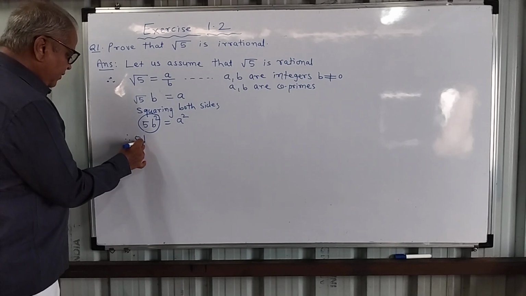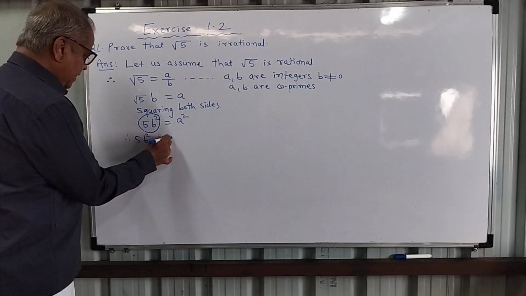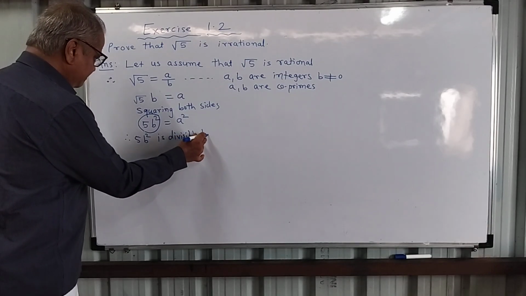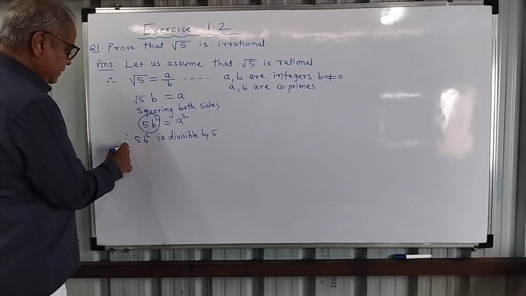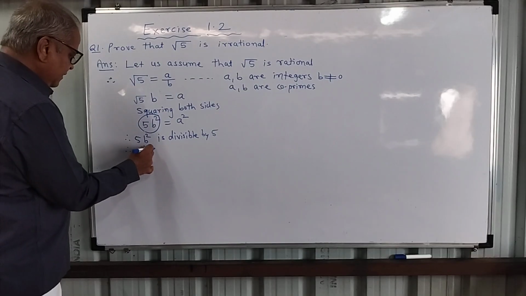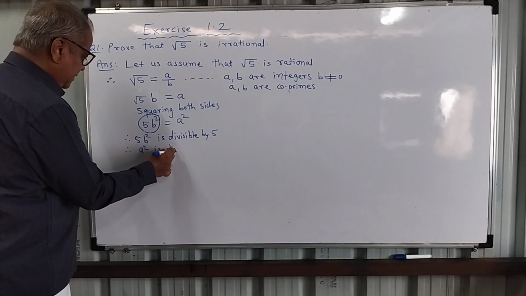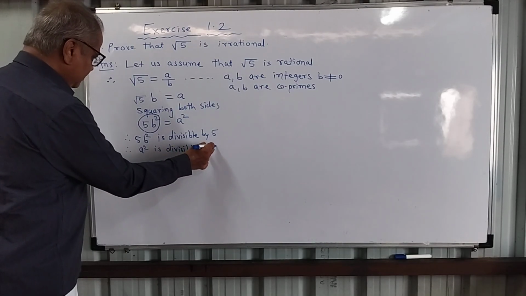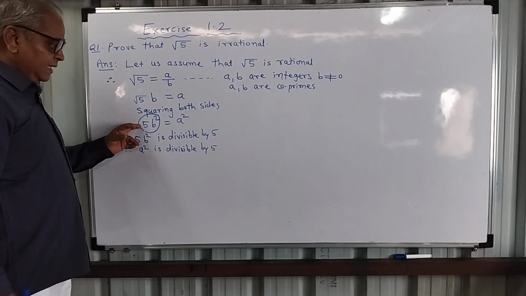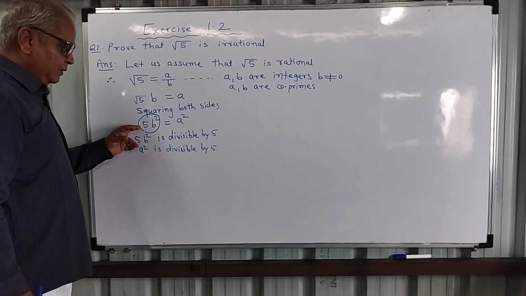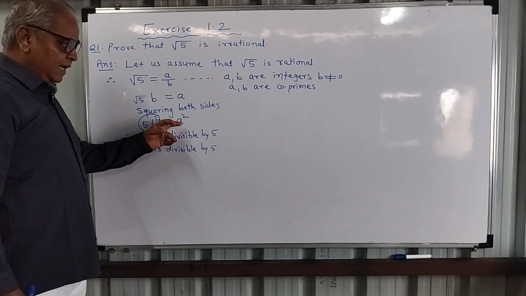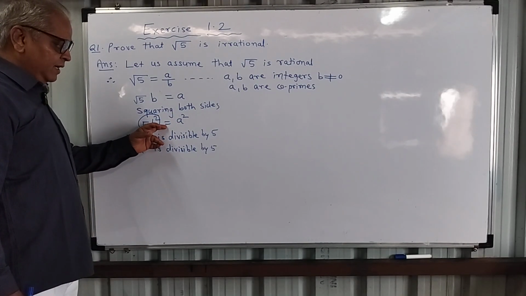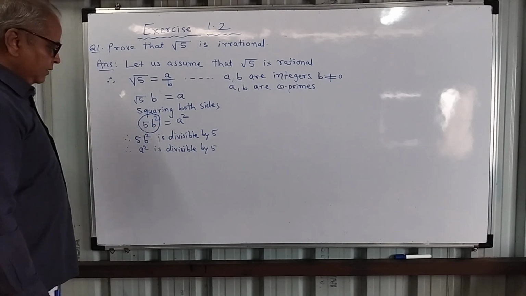Therefore 5b square is divisible by 5. Therefore a square is divisible by 5. See, as LHS is divisible by 5, then RHS has to be divisible by 5, because there is equals to sign between LHS and RHS.